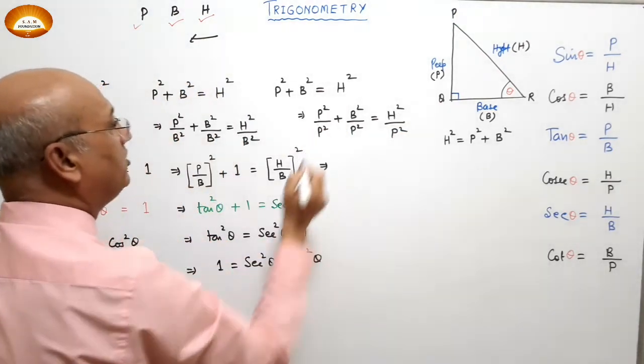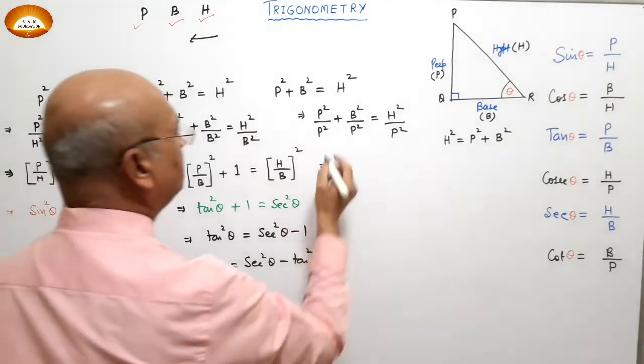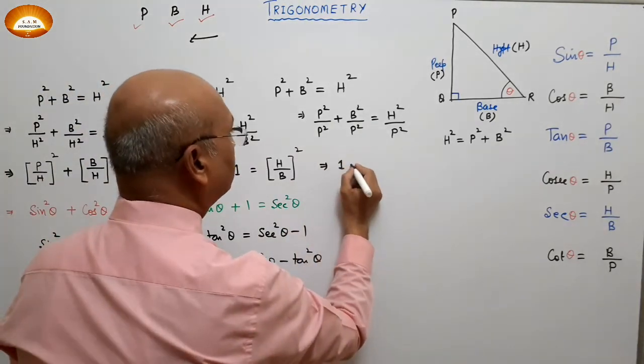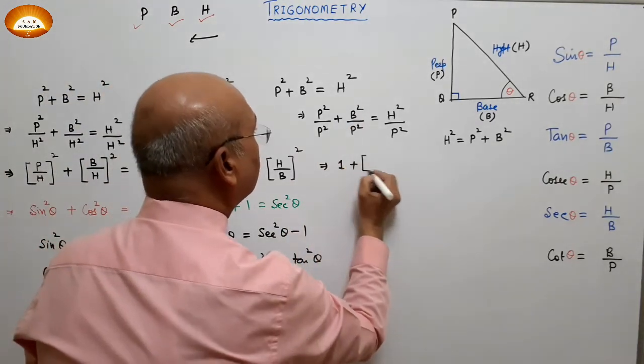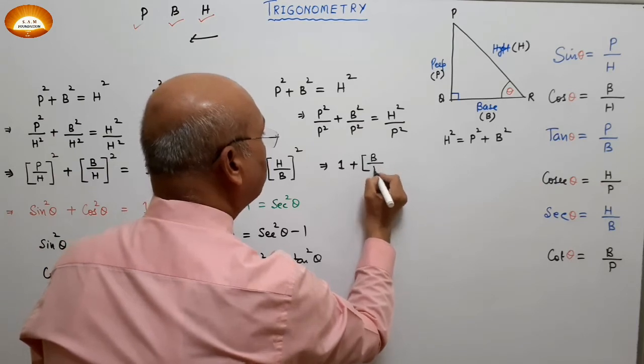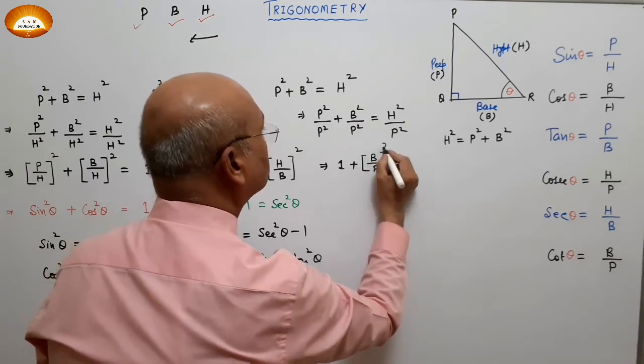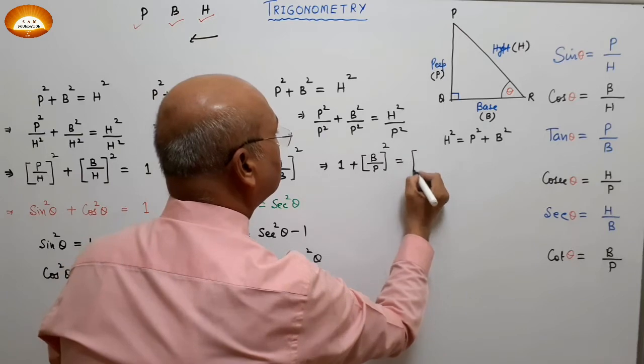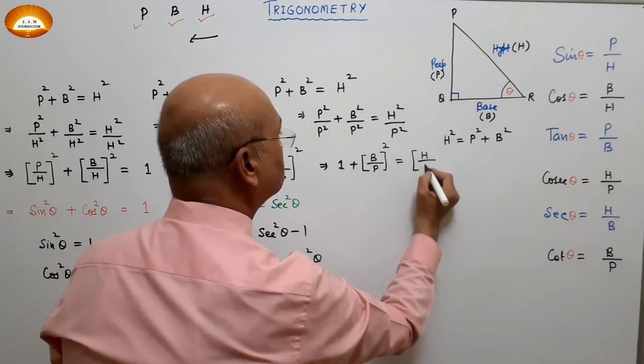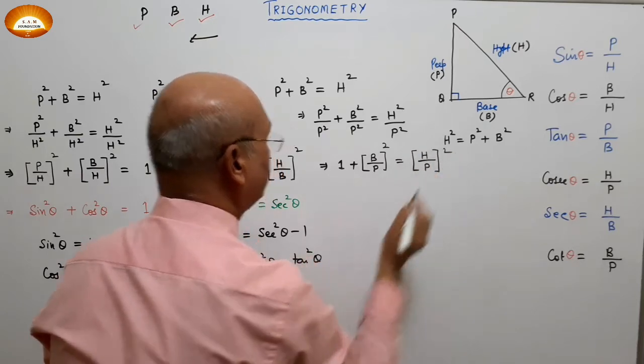Now see, perpendicular square upon perpendicular square is 1. Here we can write base upon perpendicular square equals hypotenuse upon perpendicular square.